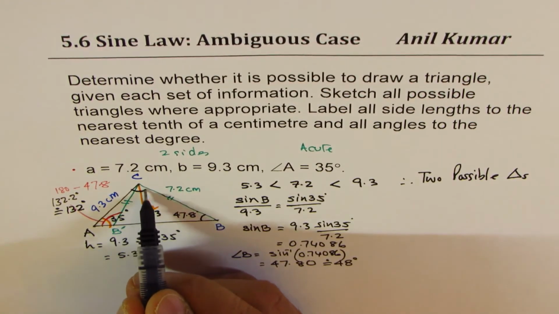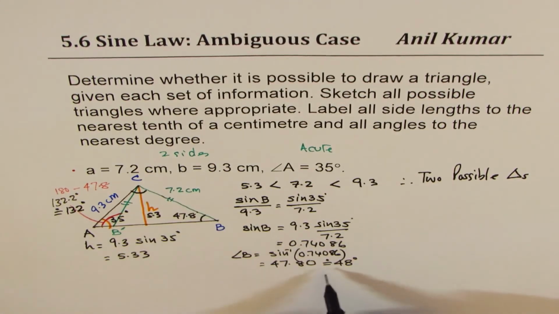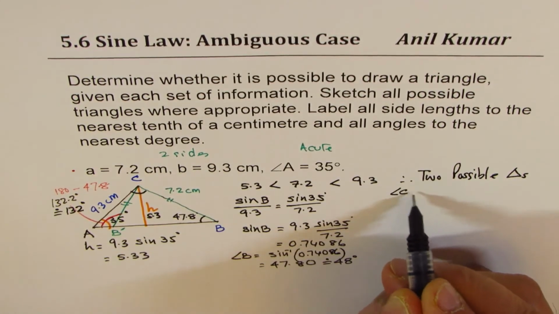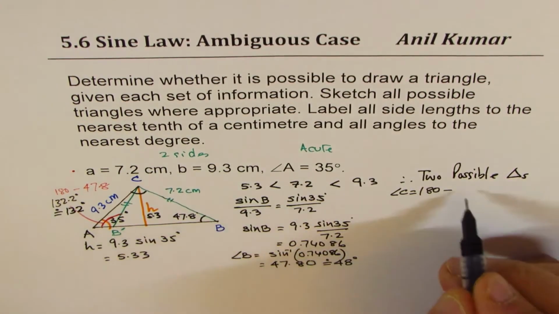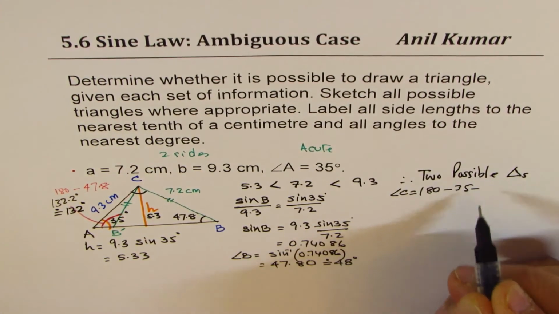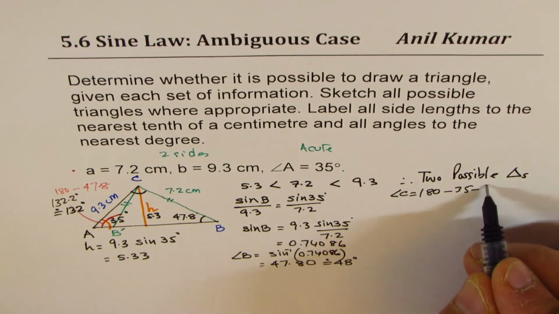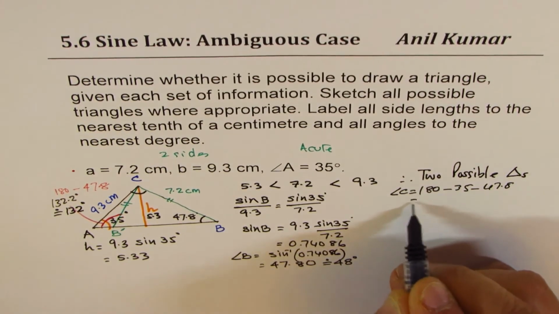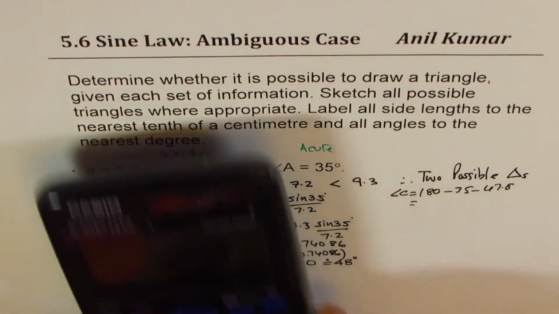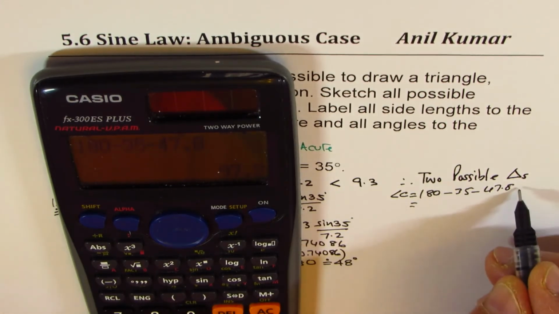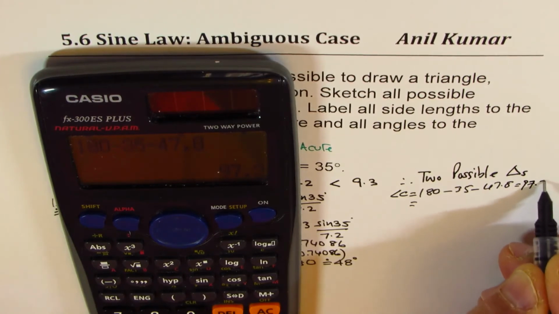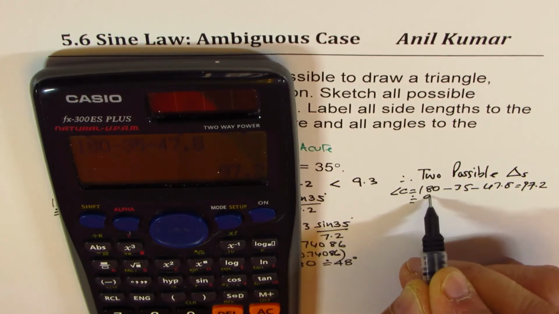So we can find this big angle C. So we can say now that angle C is equal to 180 minus 35 minus 47.8, which in decimals is 97.2, which will approximate to 97.